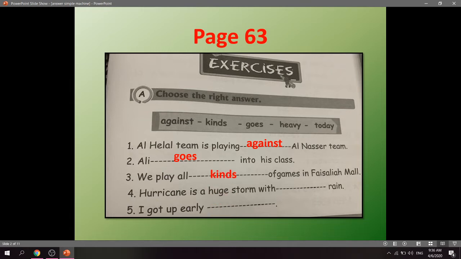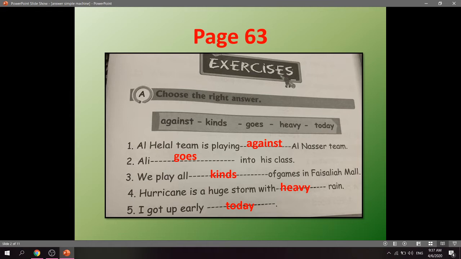Number 4, a hurricane is a huge storm with heavy rain. And number 5, the last one, I got up early today. Okay, so I hope you write with me and answer with me on page 63, all the 5 sentences.